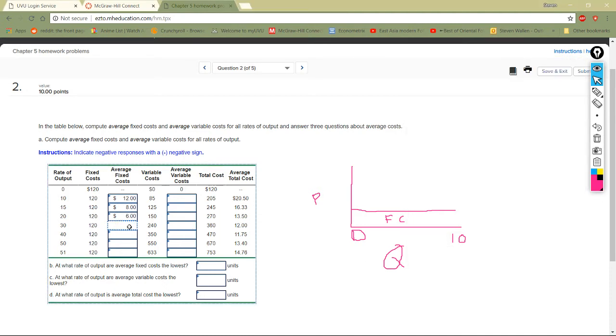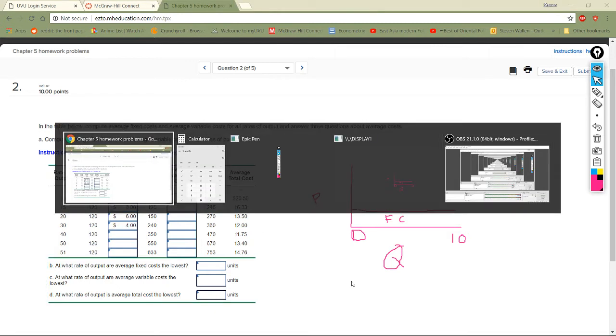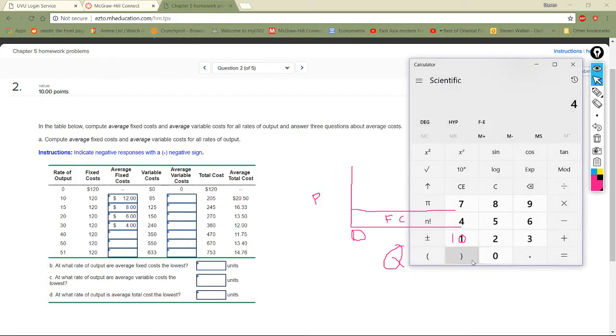Now we're down to 4. So in other words, if I keep producing units, what's going to happen to my average fixed cost? My average fixed cost will almost always do what? If I keep producing units, by default, it's going to go down. That's correct. That's it.